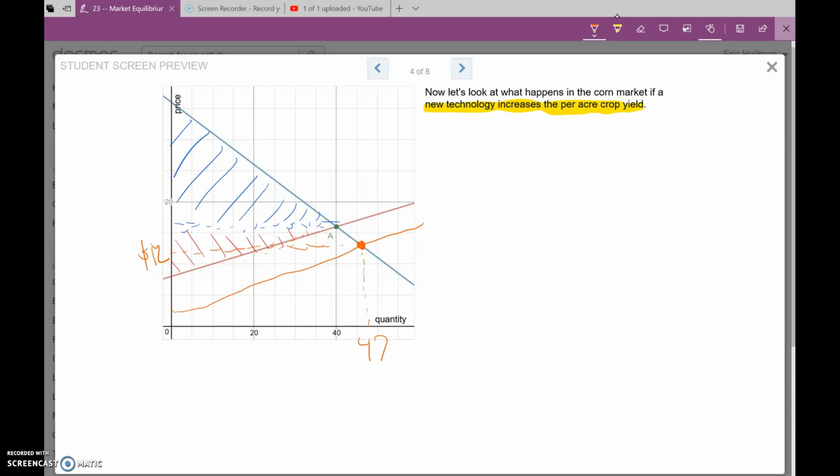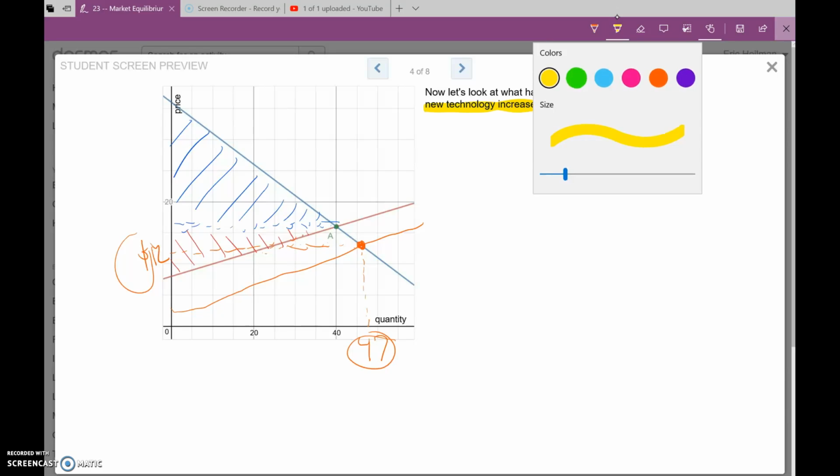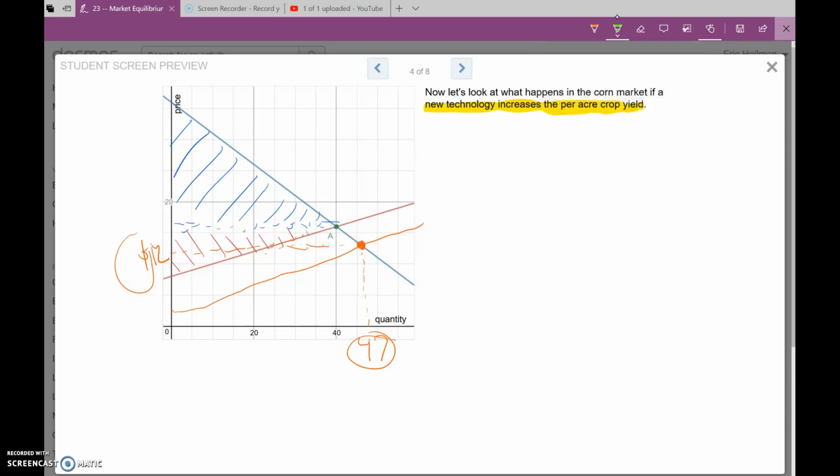Okay, so the first thing that happens is a change. The quantity exchange goes up to 47. Price goes down. This is good for everybody. It's good for producers, good for consumers. Let's look at the change in surplus. So we'll do consumer surplus first. The original consumer surplus was the blue shaded area that we started with.